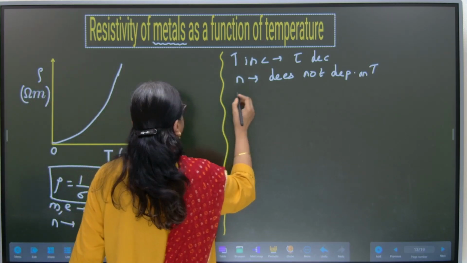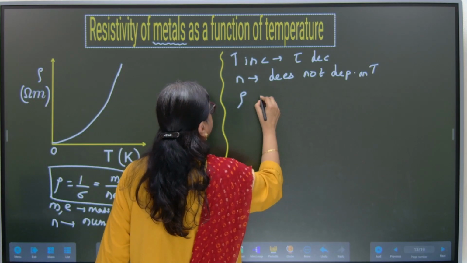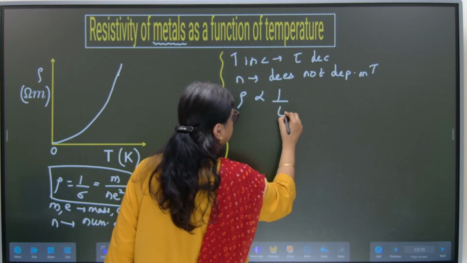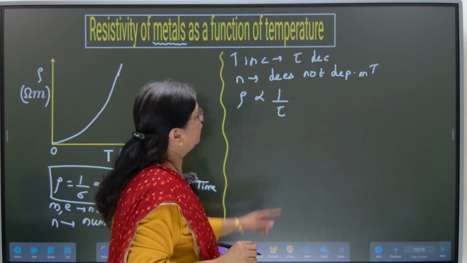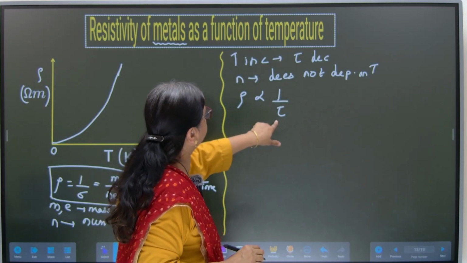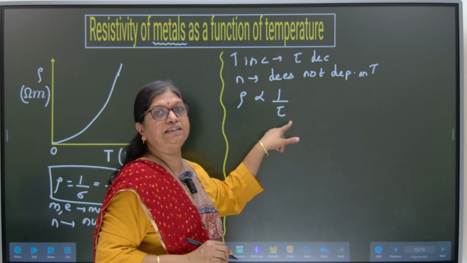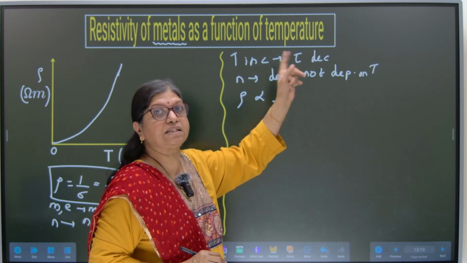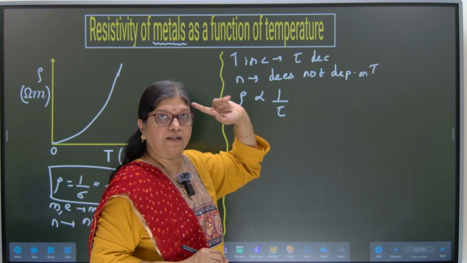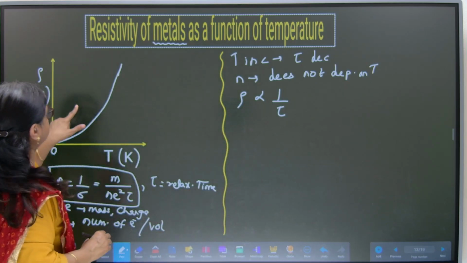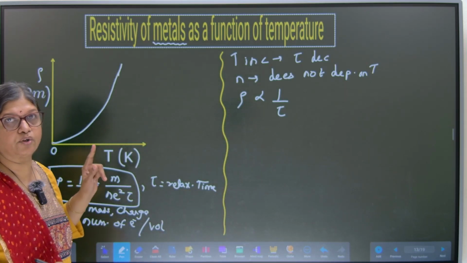So using the formula, rho is inversely proportional to tau. We can say as tau decreases, resistivity increases. Fine. That is the graph drawn.